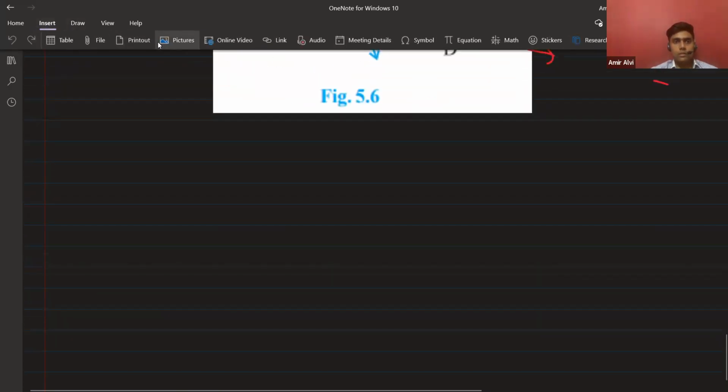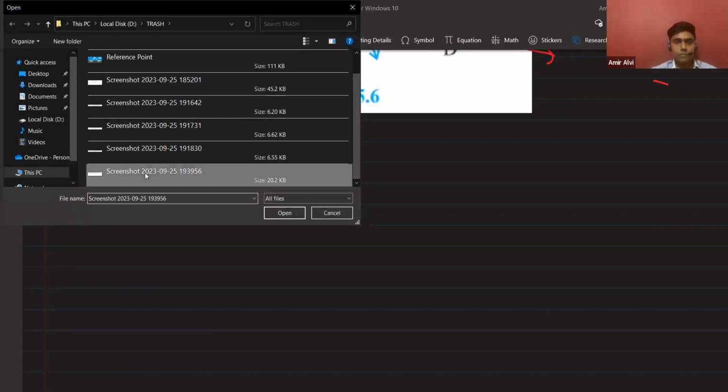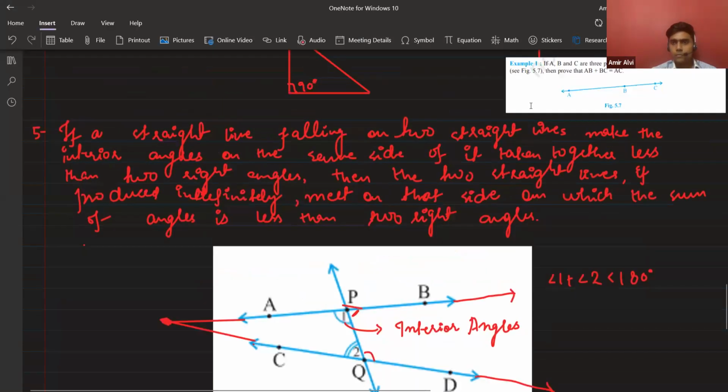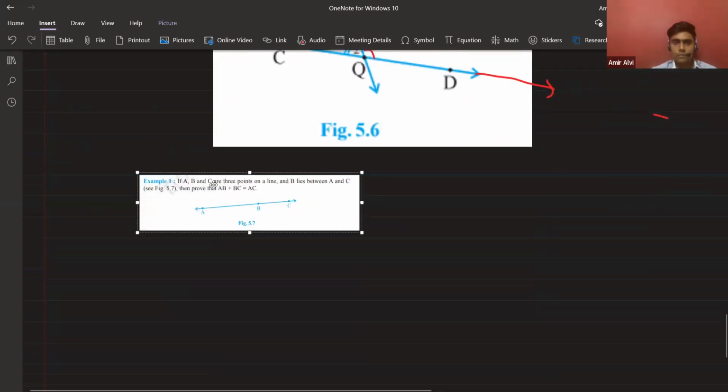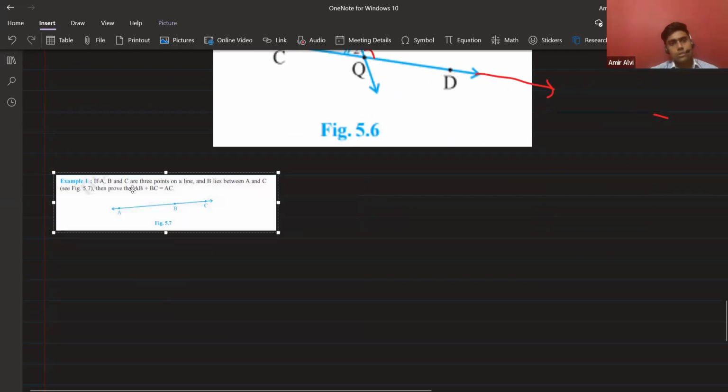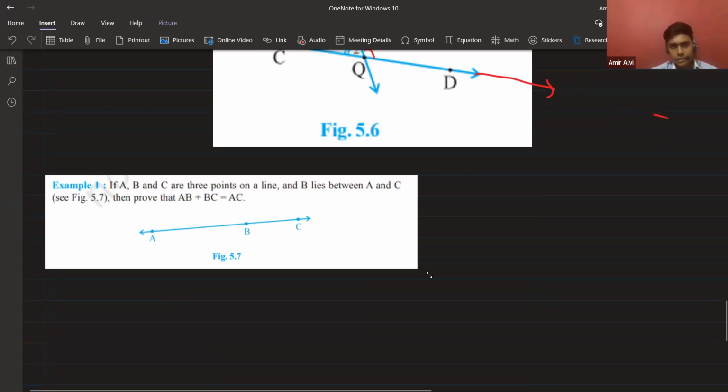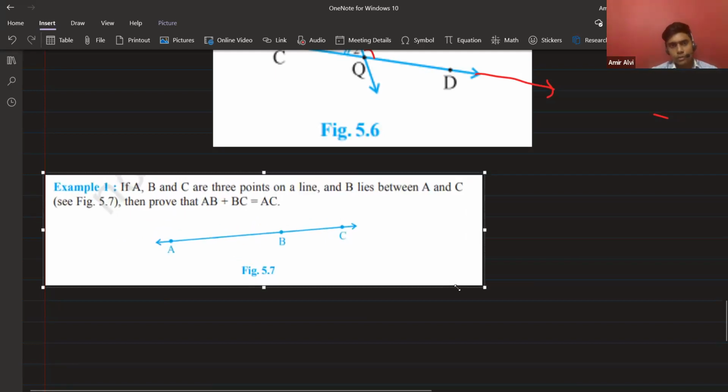So Simrat, the question is saying that you have to prove this. Can you tell me how to prove it?